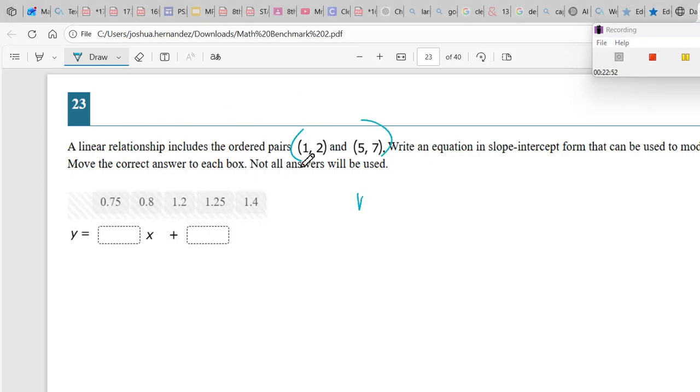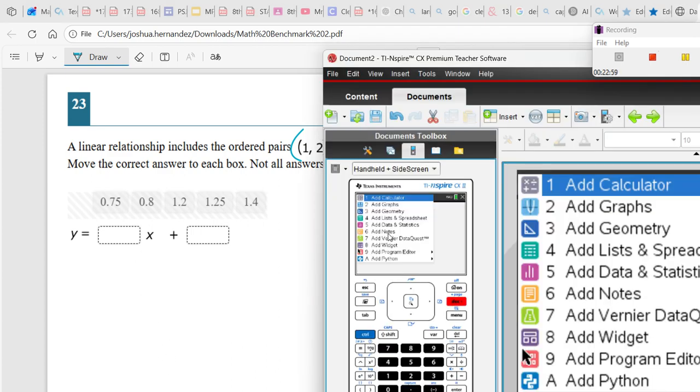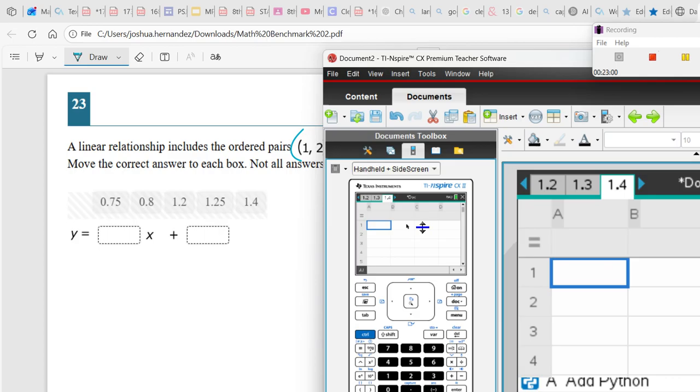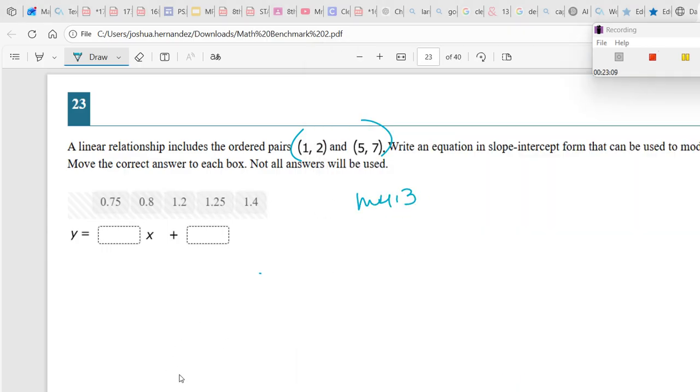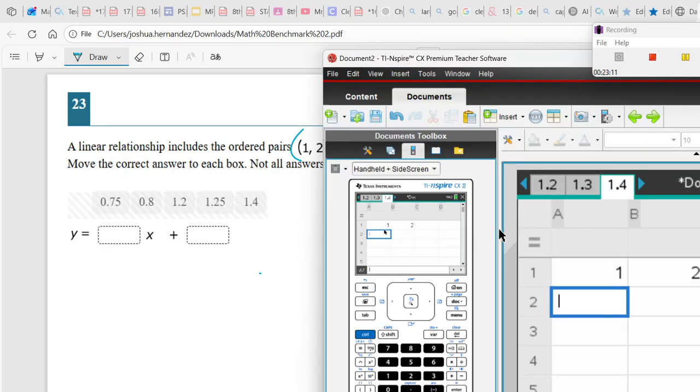So linear relationship. Once I see 2 points, I'm thinking menu 4, 1, 3. This is spreadsheet 1. Yeah, that's basically what it is. So here, I'm going to add 1 over here in this spreadsheet and put the numbers in there. 1, 2, 5, 7, 7.